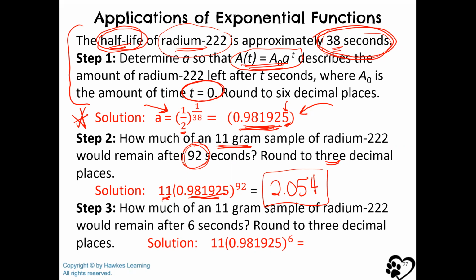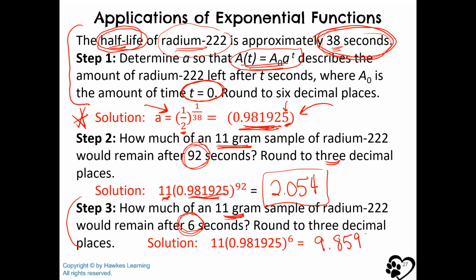And then step 3, same element, same amount of grams, but this time it's asking us after 6 seconds how much of this element would remain. So we're going to do 11 times 0.981925 raised to the power of 6, and 3 decimal places, 9.85.